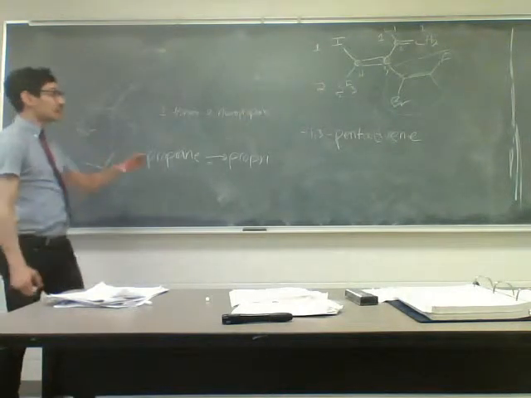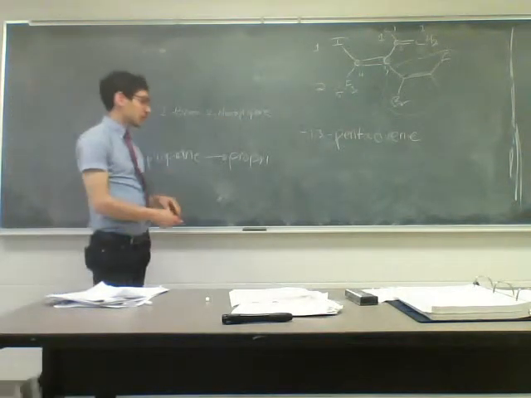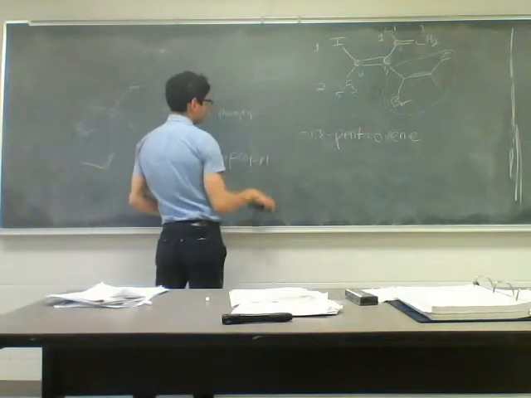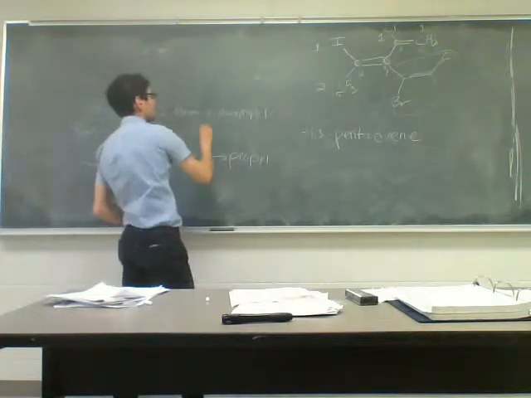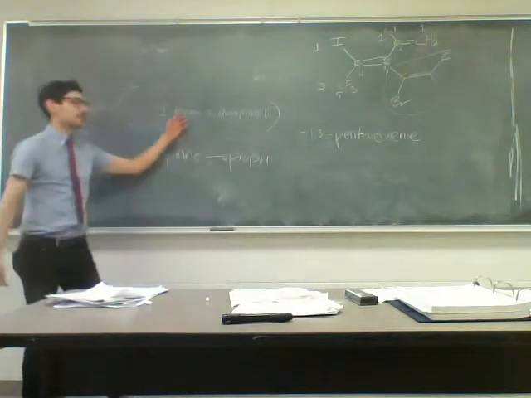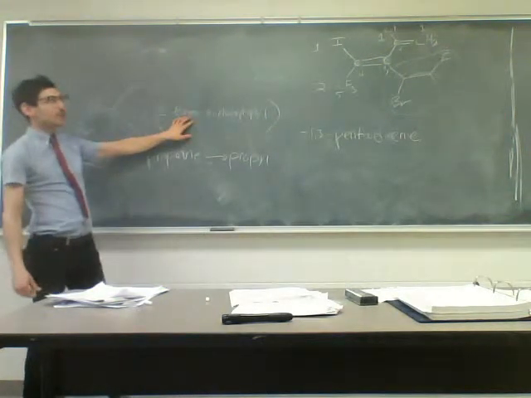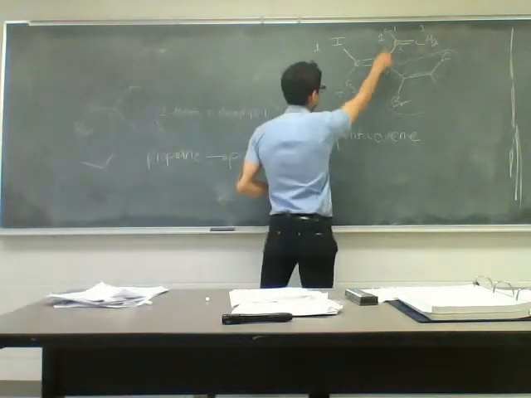We're going to do the same thing with this more complicated name. We're just going to chop off the ending, and we're going to put the whole thing in parentheses so that we don't get confused and think that this bromine is part of our primary chain.